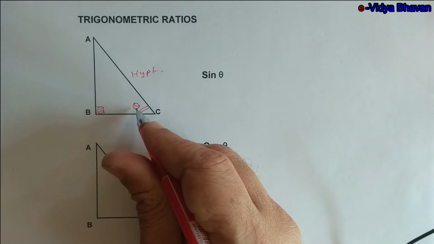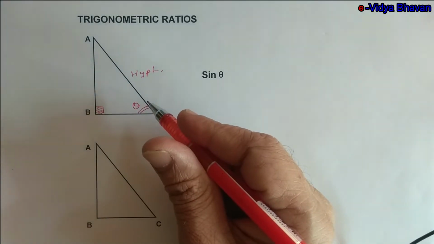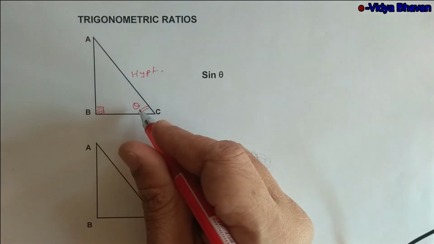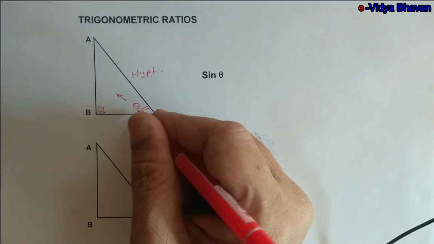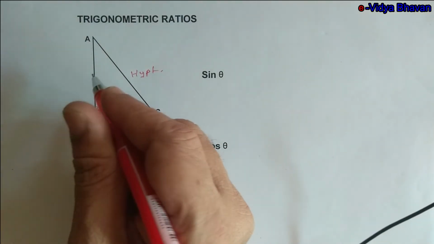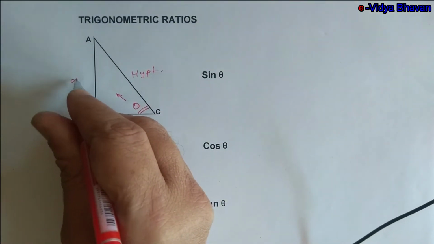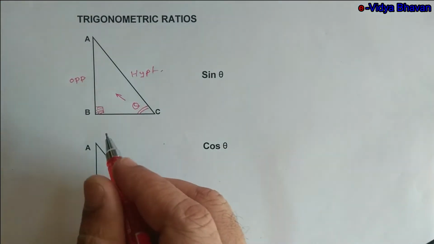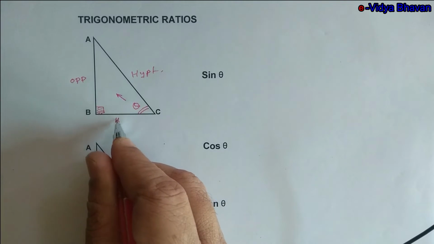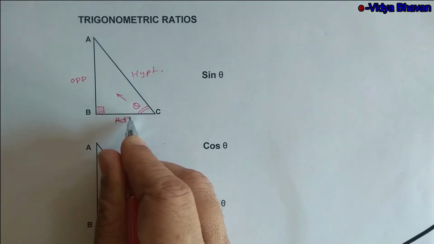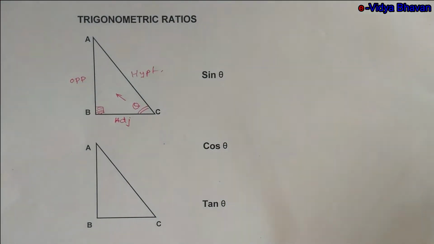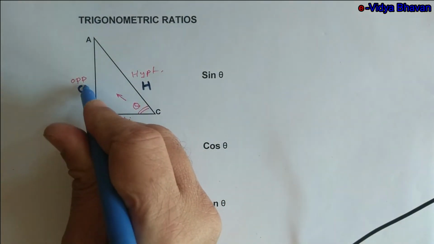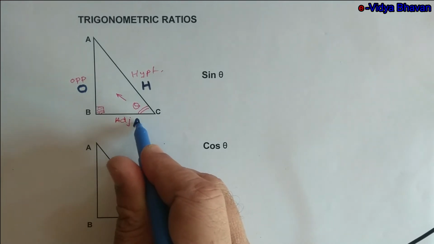Theta is a Greek word like any other symbols, alpha, beta, gamma. If I suppose this angle as theta, the side opposite to this is called opposite, and the remaining side BC we can name adjacent. So this is hypotenuse, this is opposite and this is adjacent.